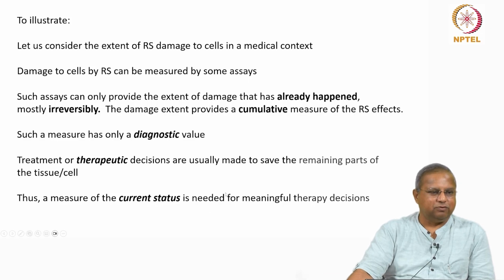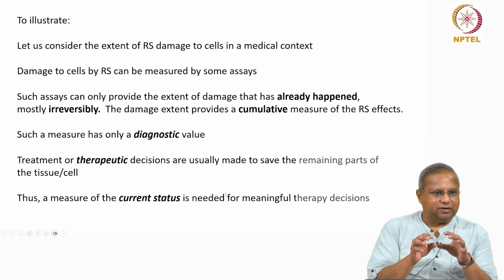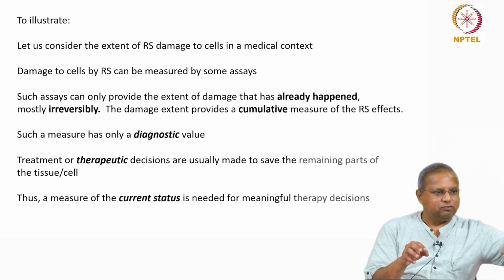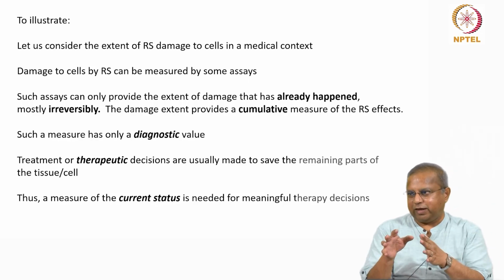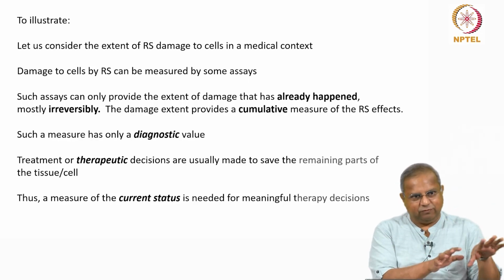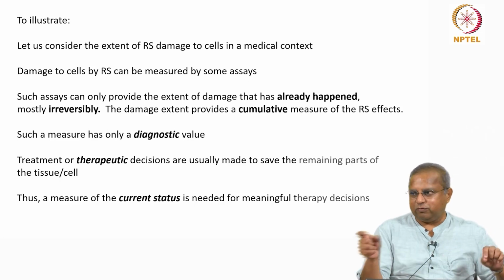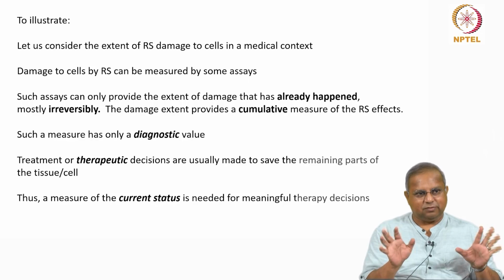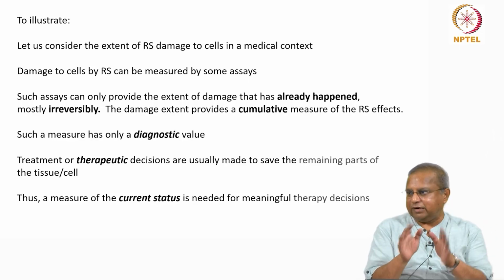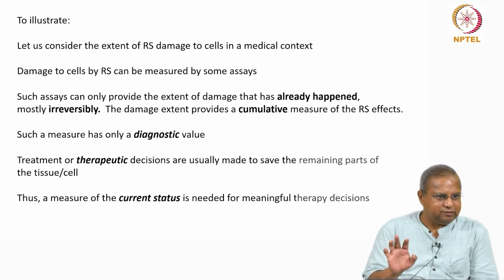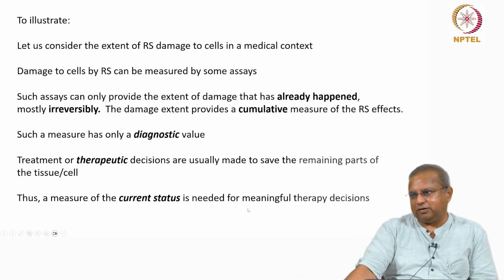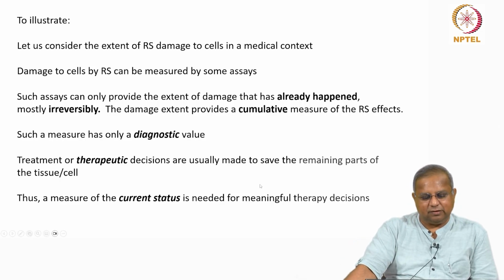The basic idea is that most assays give you cumulative effects of damage, which is fine for a diagnostic kind of thing. This much damage has happened. However, if you want to decide on therapy, don't base things entirely on that. That gives you an idea, yes, but don't base things entirely on that. That is one of the things that can be taken from this.